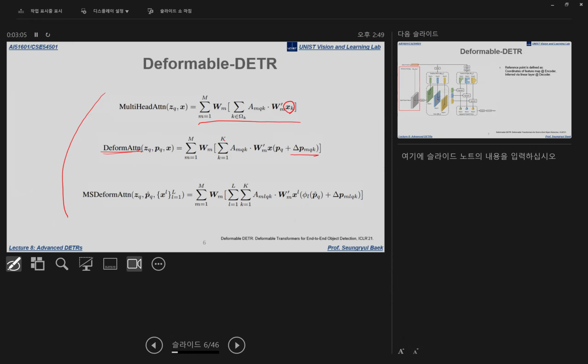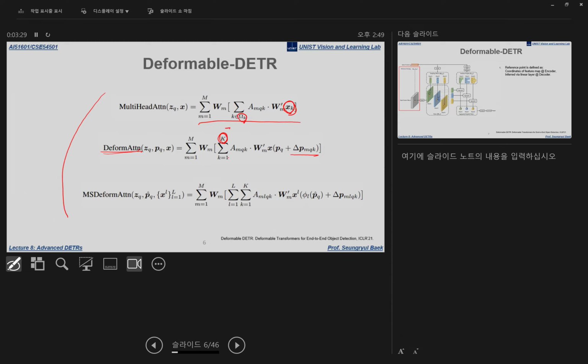they will now consider only K candidate vectors, okay? K candidate value vectors instead of the dense vectors inherent in the 2D feature map. So previously, this omega K is denoting all the dense pixels in the 2D feature map.